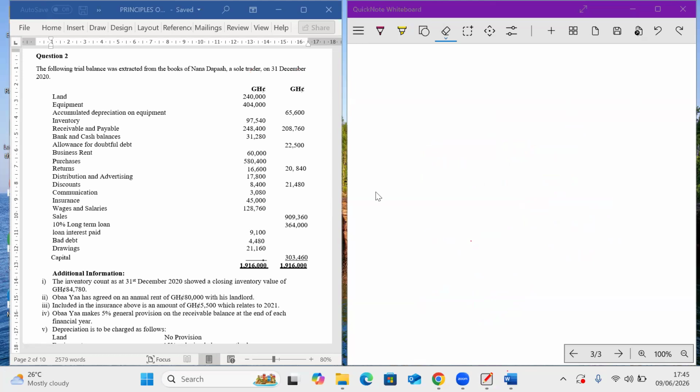What's the entity's name? Nana Dapa. You write it here, and you double underline it neatly. Then you go to the requirements.